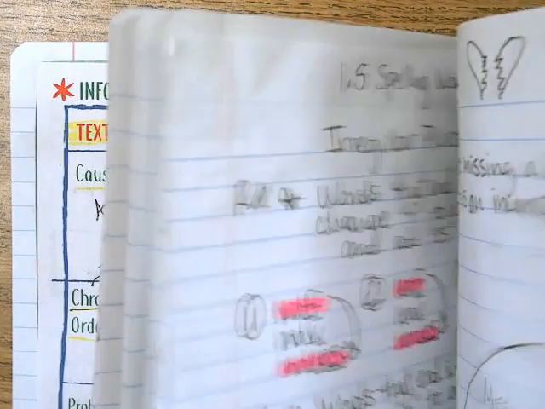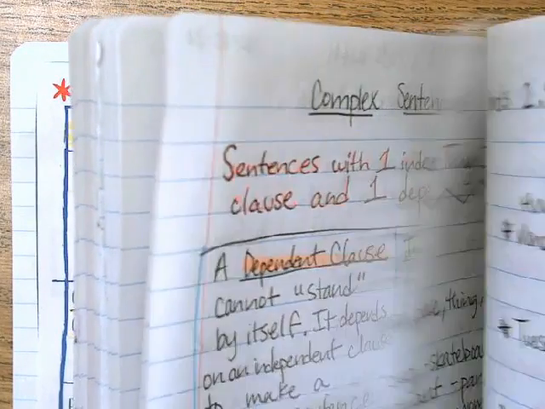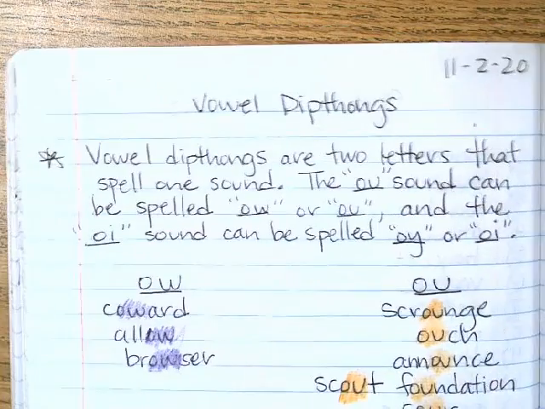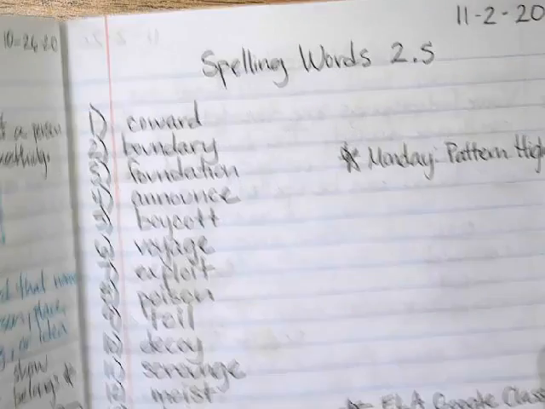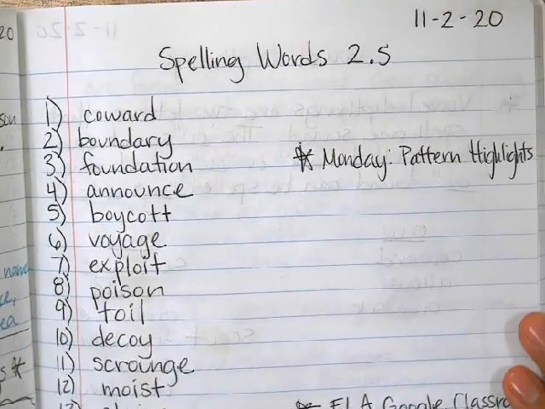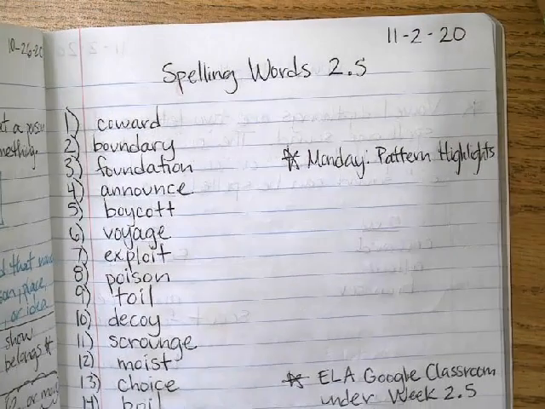So we did some notes and wrote our spelling words in the writing and grammar part today. So we have our spelling words, 2.5. Today is pattern highlights for homework.